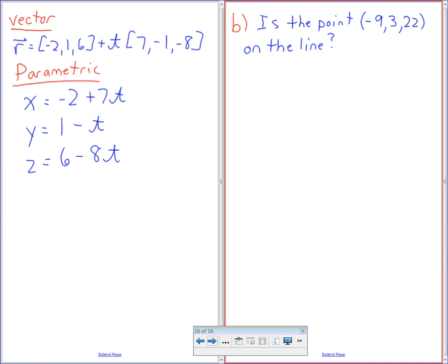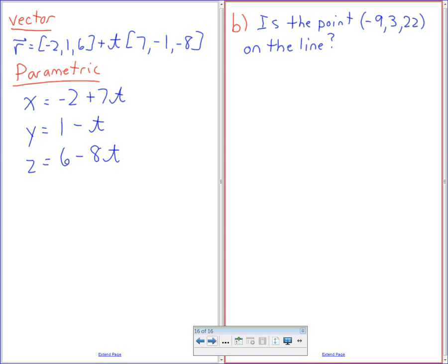Question B says, is the point (-9, 3, 22) on the line? This is the type of stuff we'll be dealing with quite a bit in this, not the point like this, but the idea of using sort of what we have. So any idea of how I would find that?